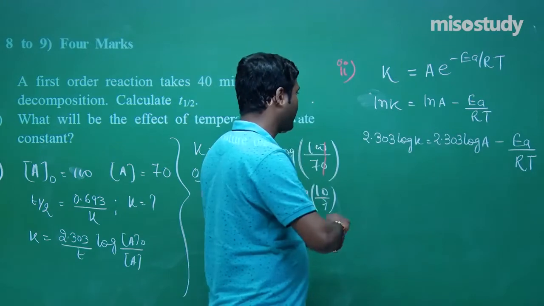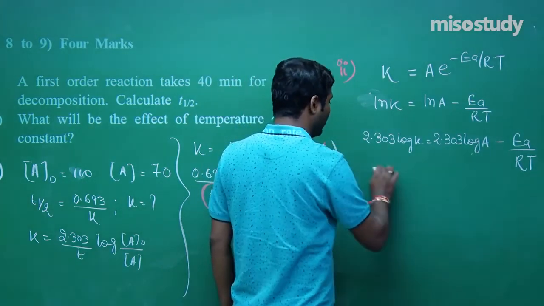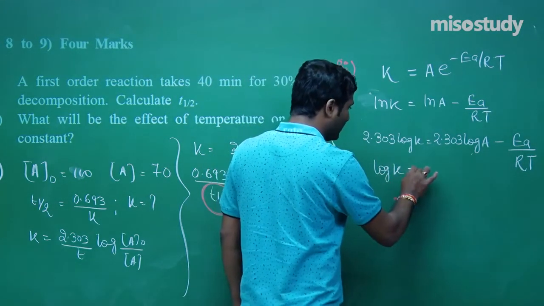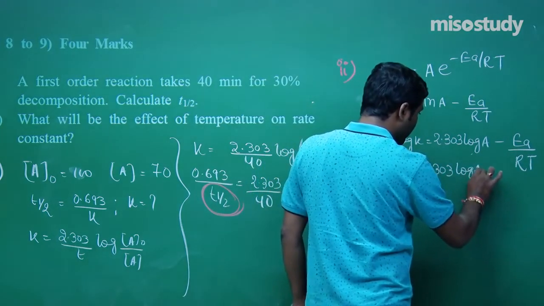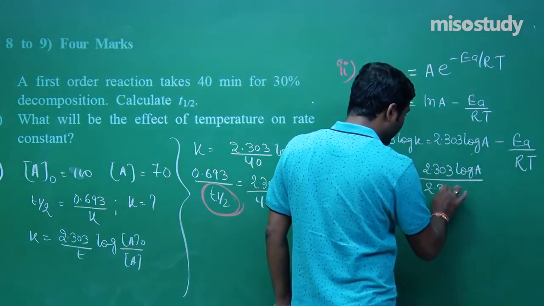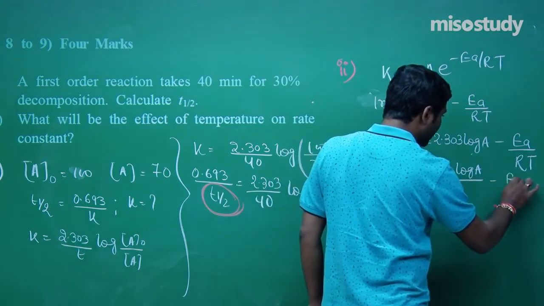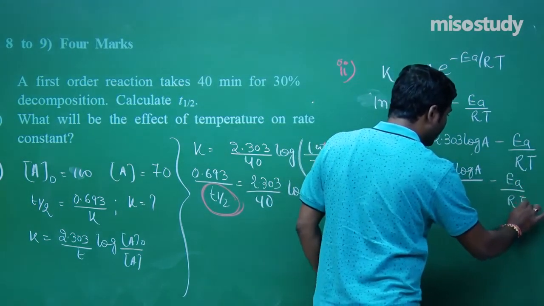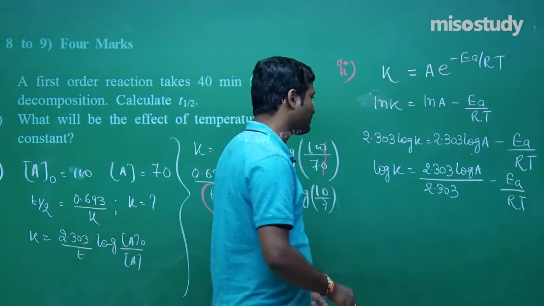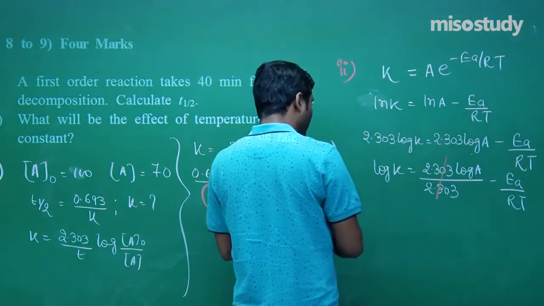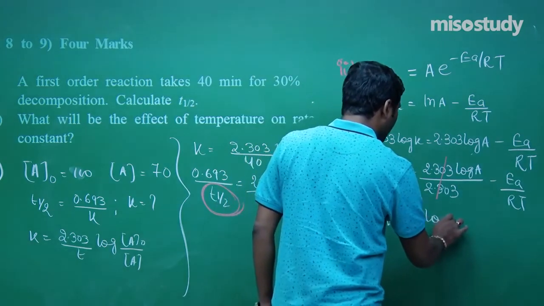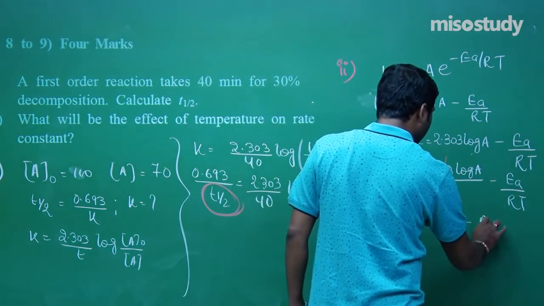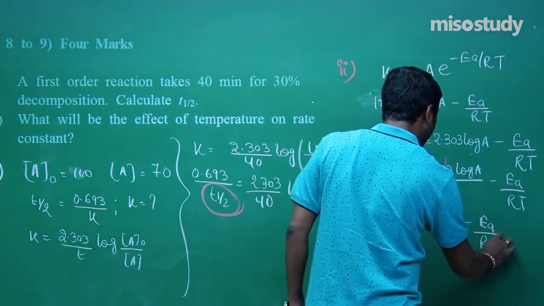Now what will happen? What we get here: log K is equal to 2.303 log A divided by 2.303 minus EA upon RT. Am I right? Yes sir, you are absolutely right. This will cancel this one. We can write here log K is equal to log A minus EA upon RT.